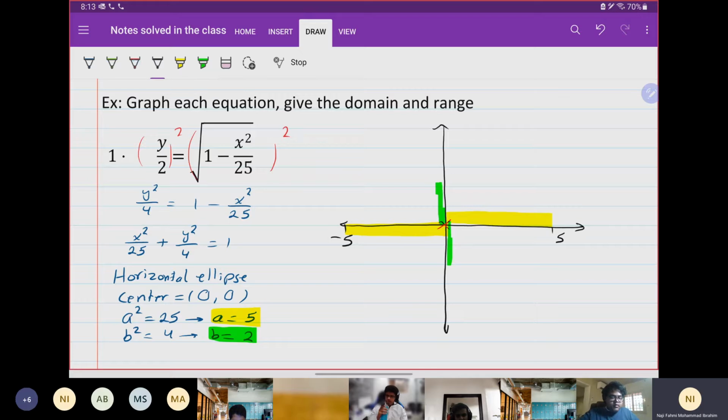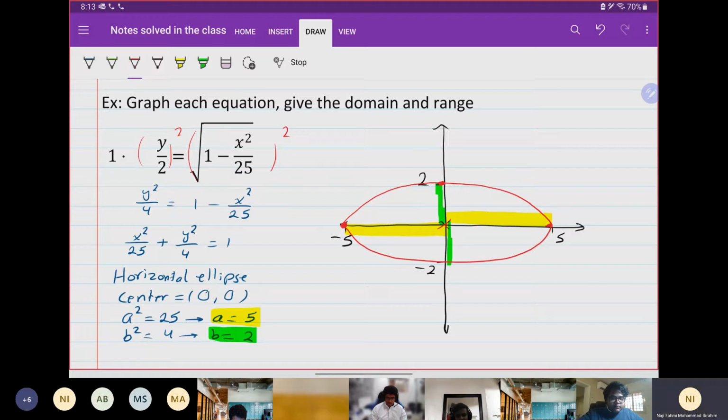So I'll reach where now? 2 at the top, -2 at the bottom. So my ellipse will be like this. But now a question, Shabab.